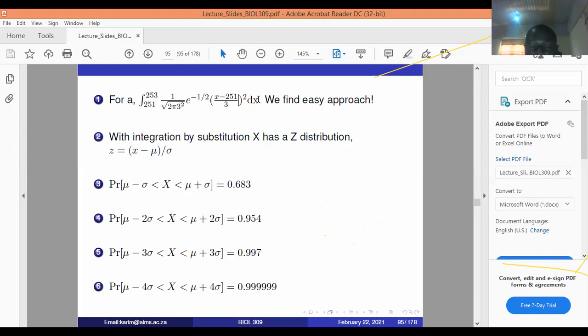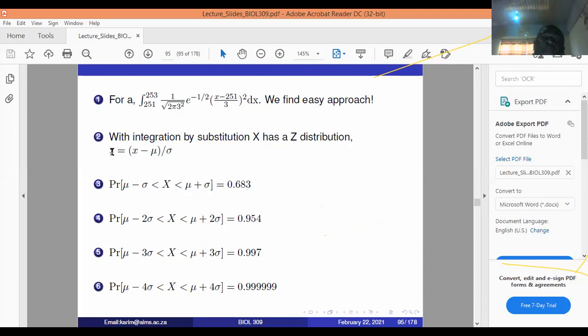Okay, so let's move on. To solve this, you use integration by substitution, and then we'll get a distribution called the Z distribution. And the Z distribution is Z equals X minus mu divided by the standard deviation.